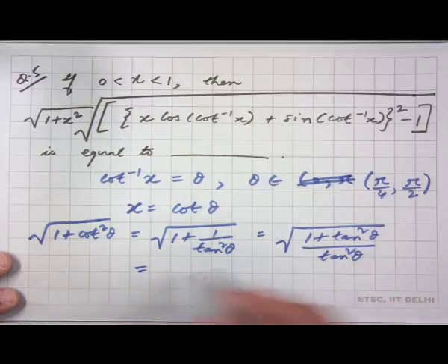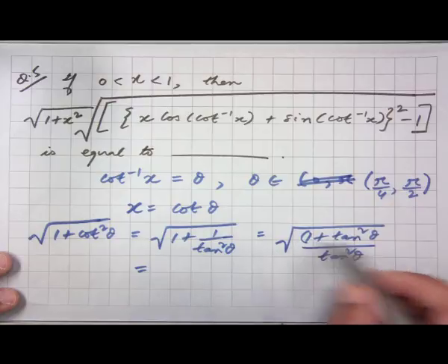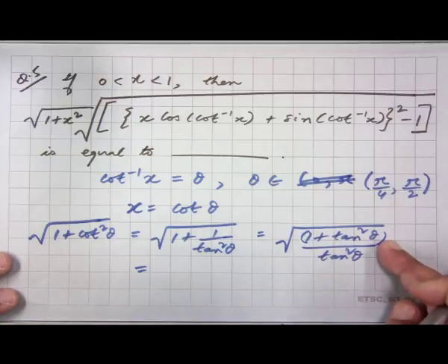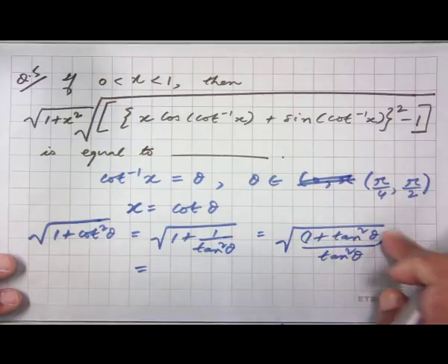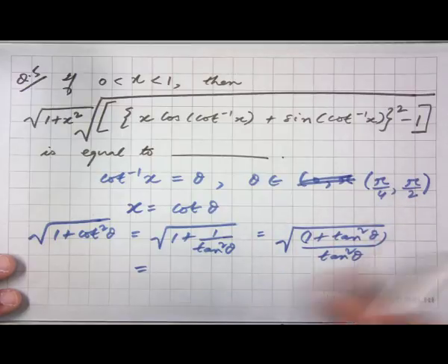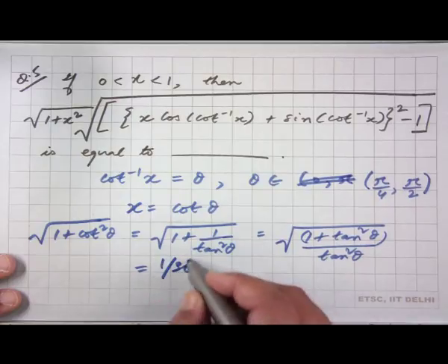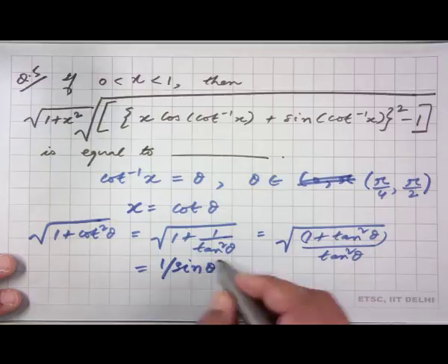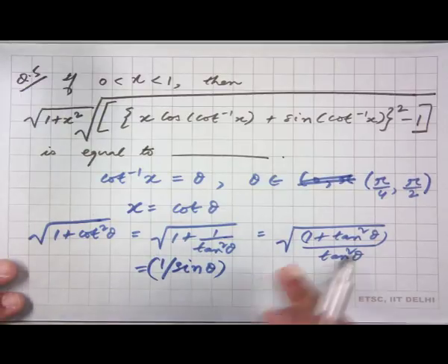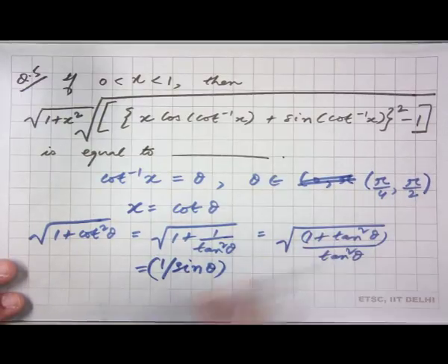This can be further simplified because this numerator becomes sec square theta, and sec square theta is 1 over cos square theta. So, this will finally simplify to 1 over sine of theta. It should also be noted that for theta in this range, sine theta is strictly positive.